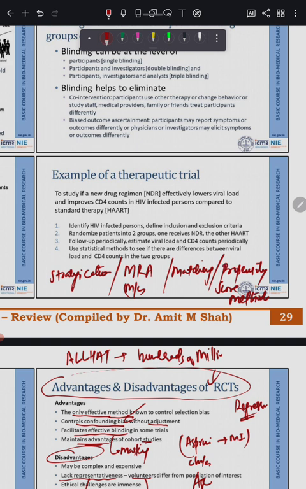So stratification, multivariate regression analysis, matching, and propensity: S, M, and P. The propensity score method is a new modern technique where you model the probability of receiving the treatment based on confounders and use that score for adjustment. And there are other advanced methods, such as instrumental variable analysis, IVA.